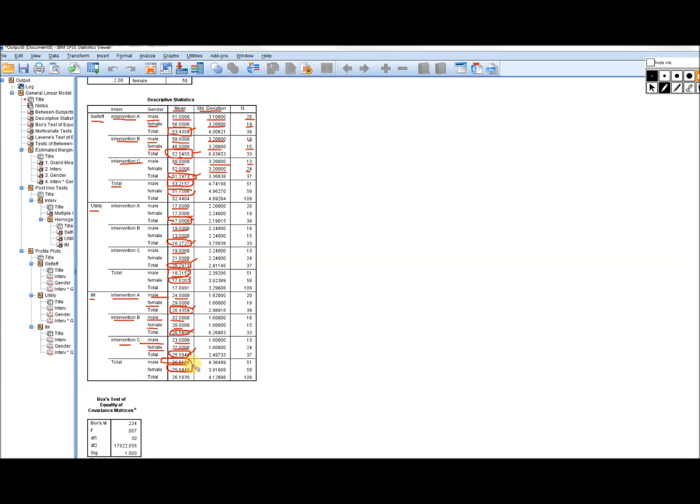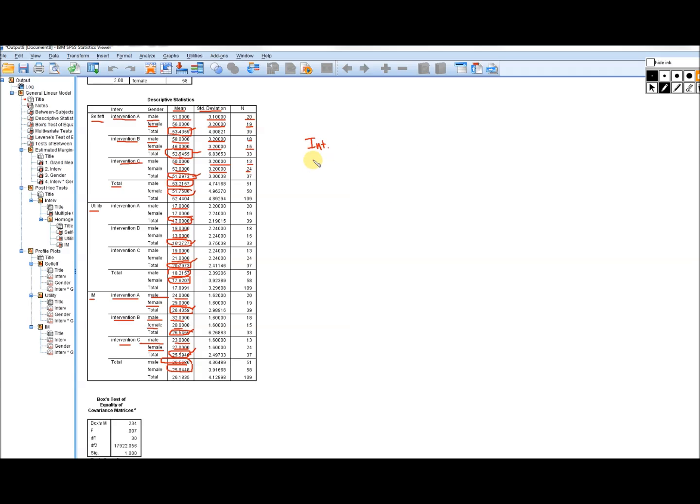So basically, when we're looking at the MANOVA results, there are three effects that will be tested in this model. There'll be the test of the effect of intervention, and essentially this involves comparisons of these means right here across your three dependent variables.